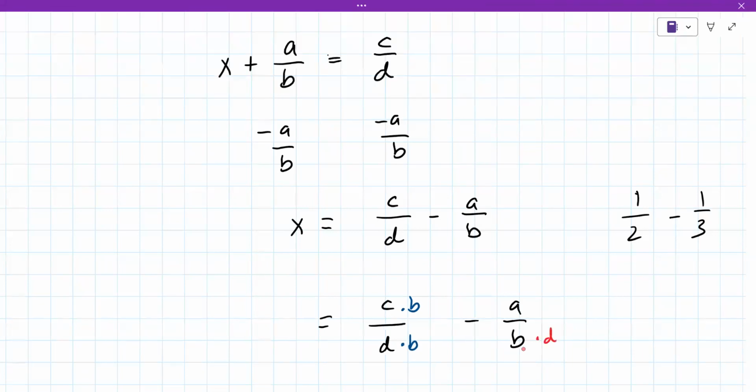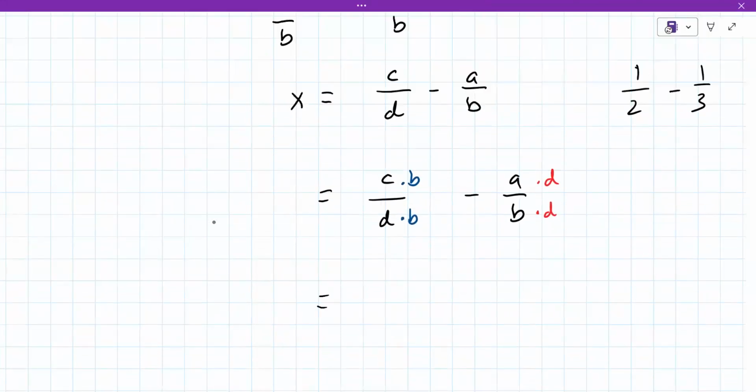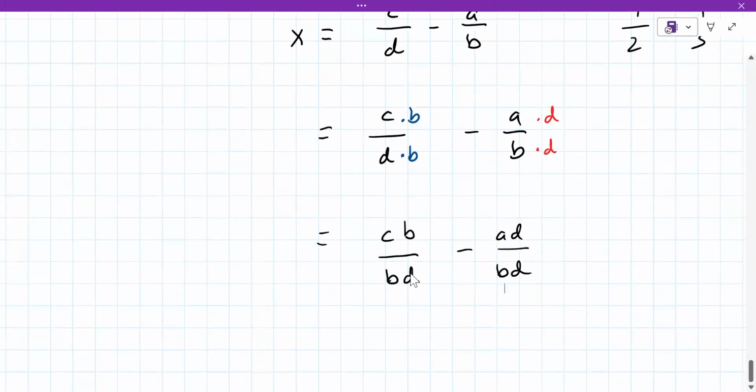It's missing a D. Multiply the top and bottom by D. So now this becomes CB over BD minus AD over BD. Now they have the same bottoms, so you can rewrite the tops together.